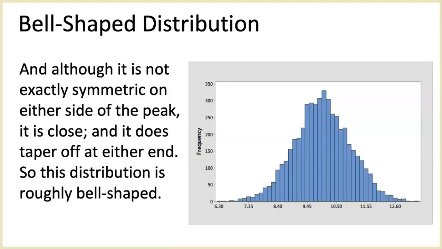For any bell-shaped distribution, any distribution that's approximately symmetric, three things are true: the mean, the median, and the mode are approximately the same value, and they should be located near the center of the data set.